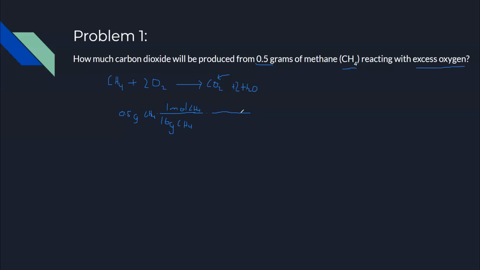And then you have to convert the 1 mole of CH4 to 1 mole of CO2. After converting to 1 mole of CO2, you have to then get that to grams of CO2 unless they're asking for moles. And if they ask for moles, you're done.